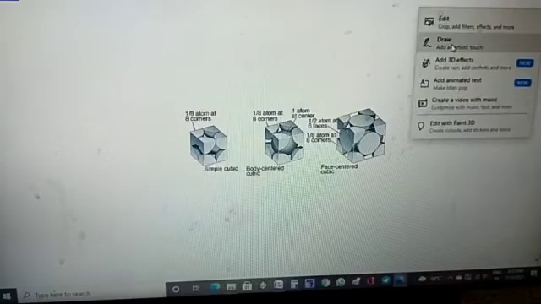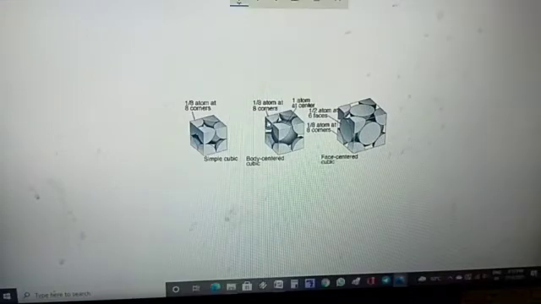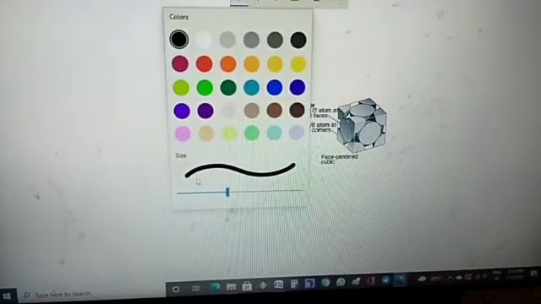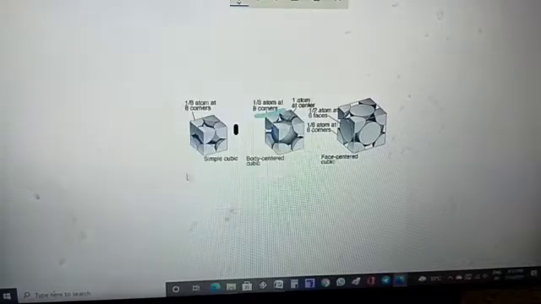How many atoms will be present in the body centered cubic unit cell? Along with these, 1/8 at the corners means 1/8 into 8, which gives 1. Along with this, one particle is present at the center.